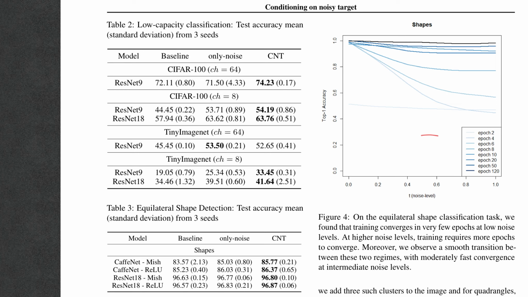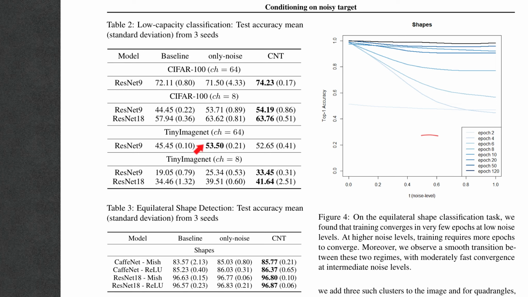In general, if you consider CNT to be the effect of noise plus hint, only noise is actually leading to a lot of improvement over the baseline. So 44 becomes 53, and then with the hints it becomes 54. And 57 becomes 63, and with hints it increases 0.1%, with a little less variance in comparison.